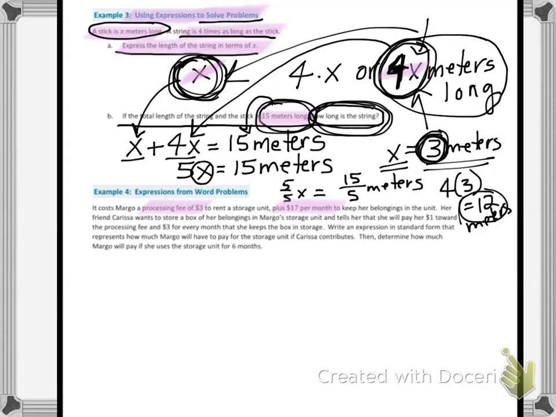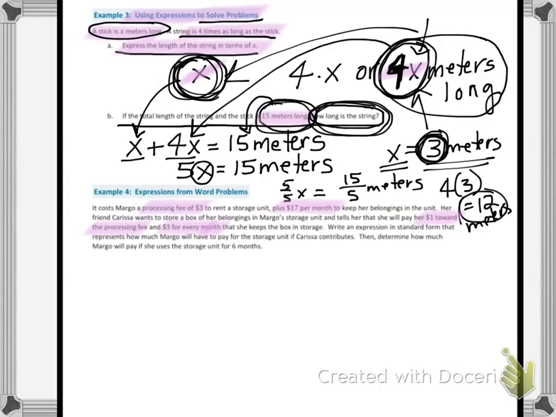Her friend Carissa wants to store a box of her belongings in Margot's storage unit and tells her that she will pay her $1 towards the processing fee and $3 every month that she keeps the box in storage.